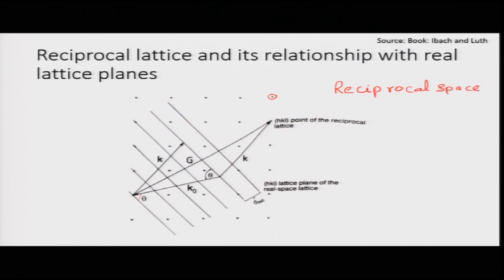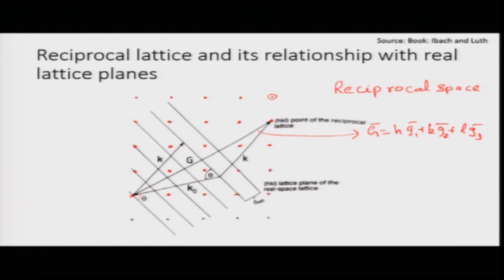This vector G, which connects one point in the reciprocal space with another point in the reciprocal space, is written as some combination of H times G1 plus K times G2 plus L times G3. So, here you have your points in the reciprocal space which are generated by combinations of G1, G2 and G3.